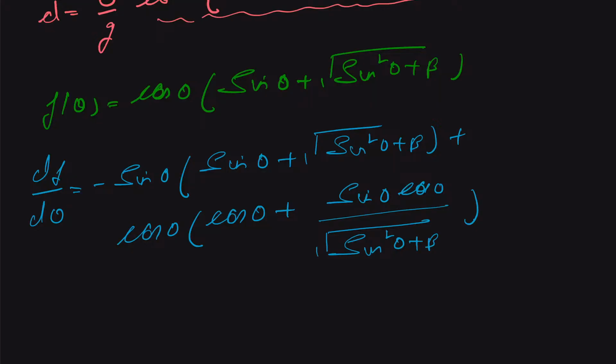We are going to further solve it. We can just multiply, this will be over sine square and this will be cos square, and we can combine them.